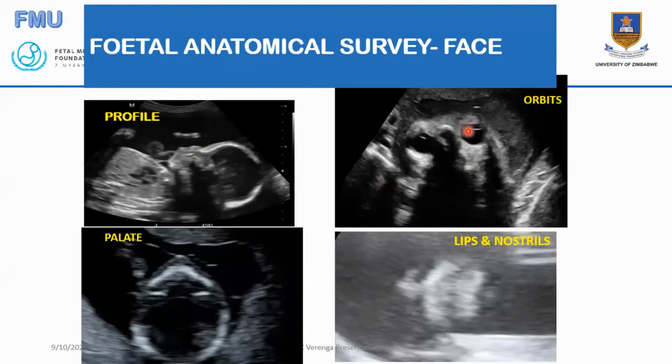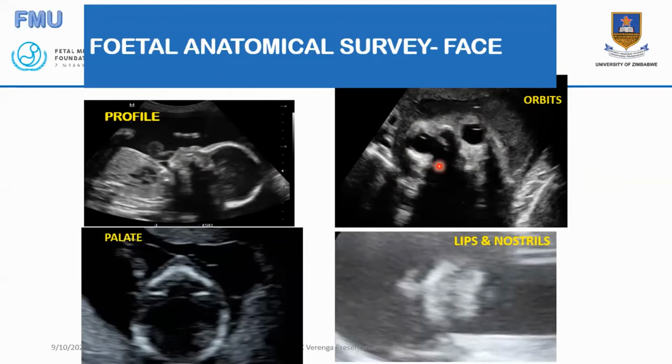Then the orbits should be seen with clear lenses. The round structures there are the eye lenses. They should be very clear. And the interorbital distance should be such that you are able to fit an orbit in between them. If you cannot fit an orbit and it's too small, that's hypotelorism.